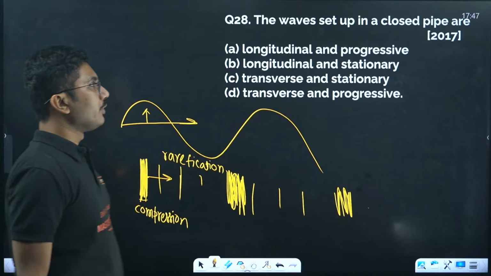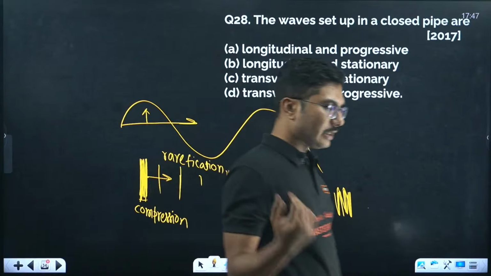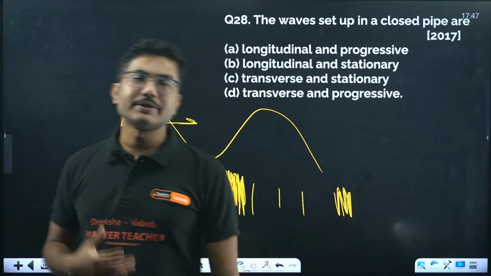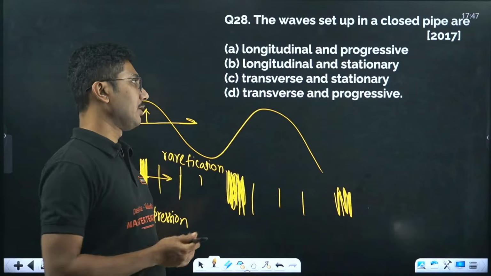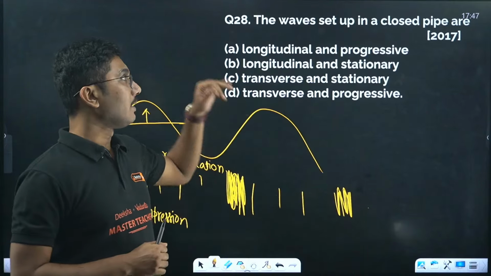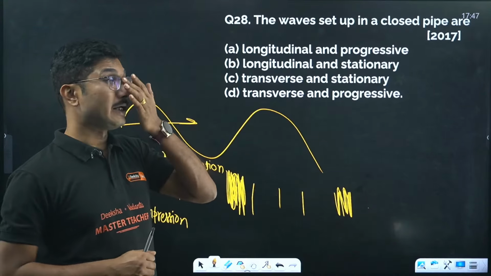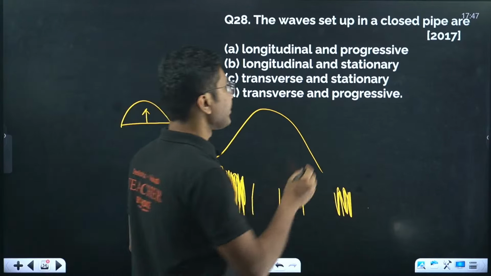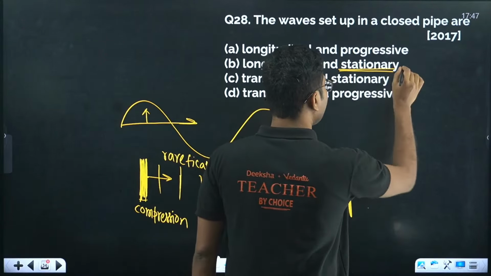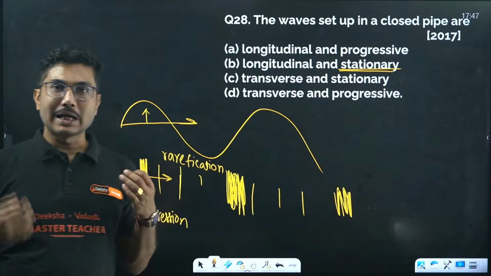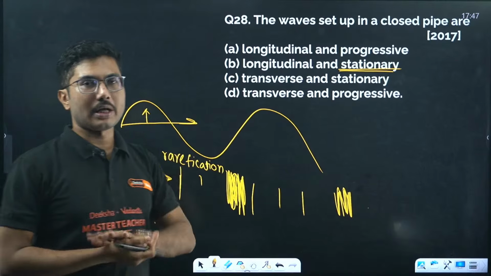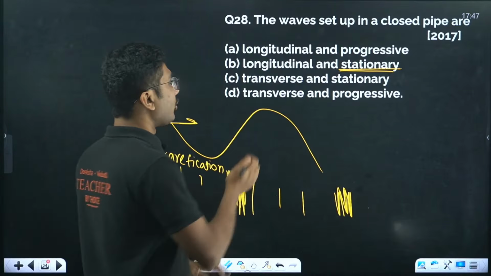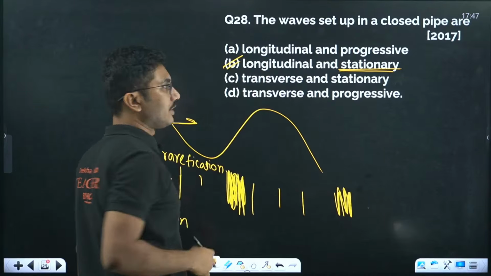A closed pipe is basically a sound instrument. Sound instruments are always longitudinal. And one more important thing: since it is an instrument, all instruments always produce stationary waves, including guitar, veena, tanpura, whatever instrument there is. So it is a longitudinal and stationary wave.